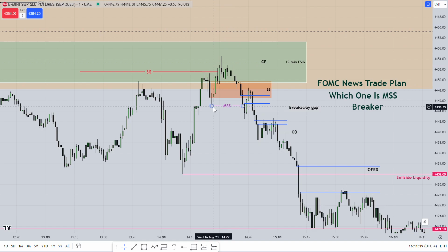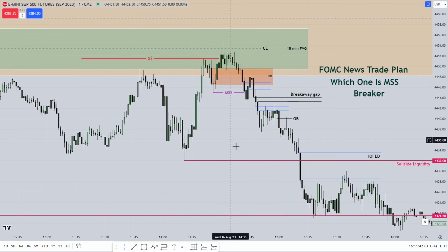This was simply taking liquidity. Then I would wait for a shift in market structure from here. This one, you see this candle high, it has traded this gap, a little gap. So this would be the shift in market structure, like this.